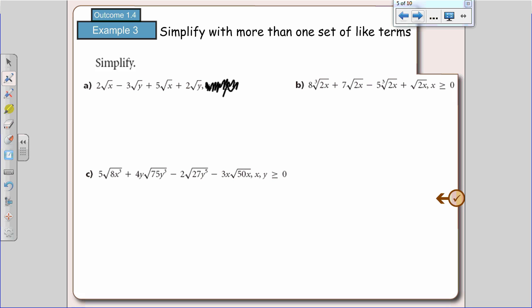Is that actually possible? What if x was negative 2? Can you do the square root of negative 2? No, it's not possible. So what's the rule x has to follow? It has to be positive, or it has to be greater than 0. That's called a restriction. Same thing with y. Y in this question has to be greater than 0, because you can't actually do the square root of a negative number.